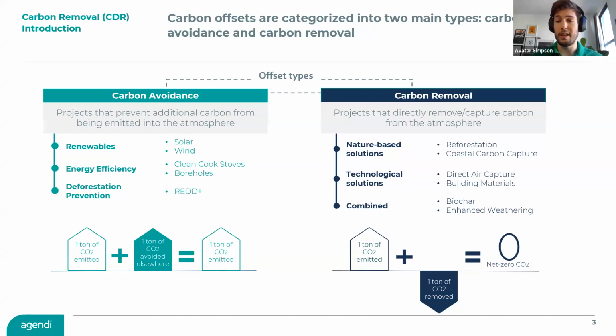So it's a mix of both nature-based solutions and technological-based solutions. The main difference here is that avoidance credits only avoid additional carbon from being emitted, whereas carbon removal credits remove carbon from the atmosphere, so they result in a net zero gain of emissions within the atmosphere.